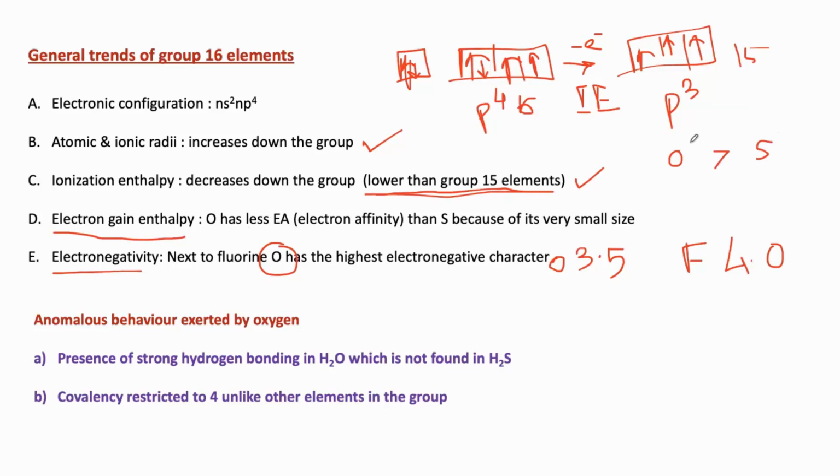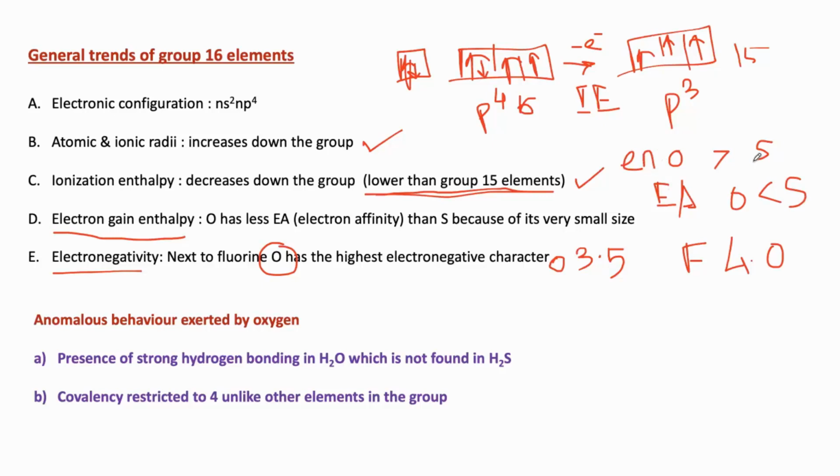Because we are saying that oxygen is more electronegative, it actually loves electrons. But we are also saying oxygen's electron affinity is quite less. In case of electron affinity, oxygen is less than sulfur. But we are saying electronegativity of oxygen is greater than sulfur.